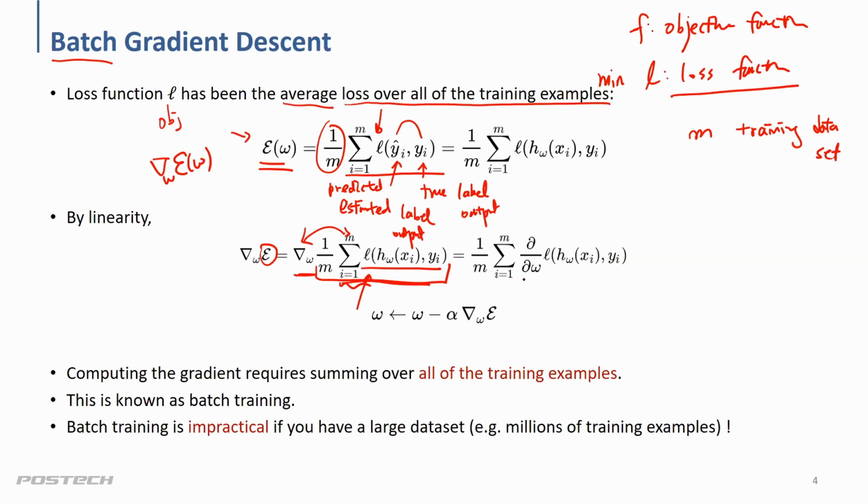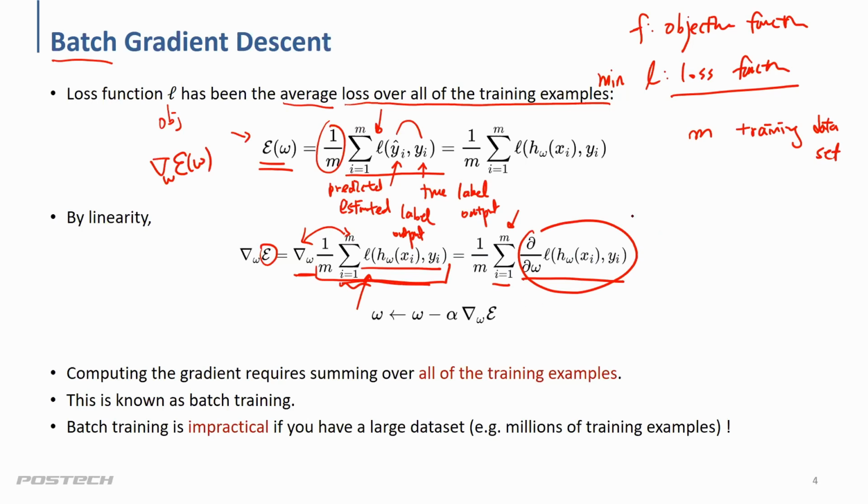But here what we did is we did the gradient computation first and then do summations. So I can compute the gradient for each data point in the entire training data set, and later on we do summations. That's how we compute it.